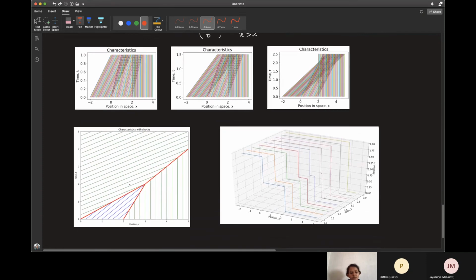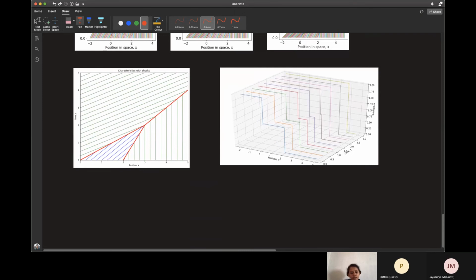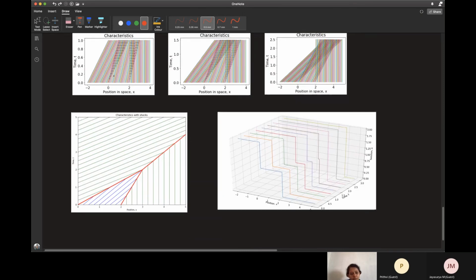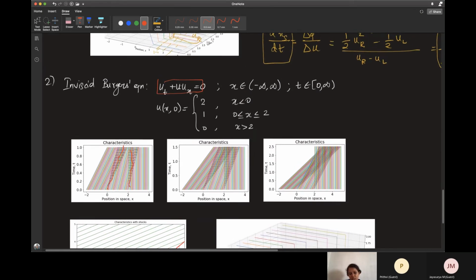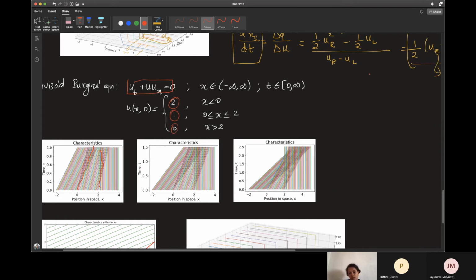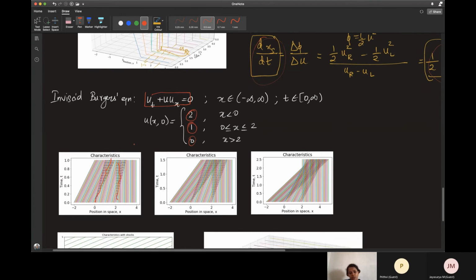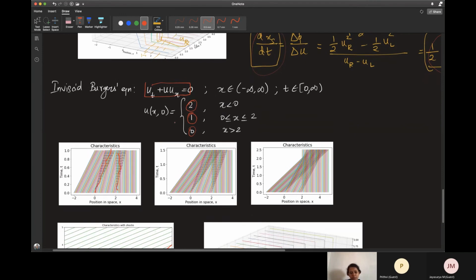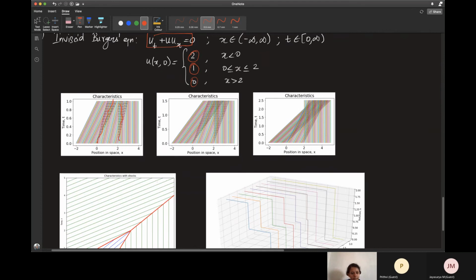Using the method which we have seen earlier, we have found the characteristic curves. Since the equation is the same, this is the same inviscid Burgers equation. Here again your initial conditions are all constants, so if we evaluate, this quantity is going to give us a constant.